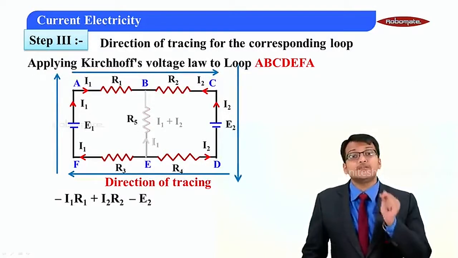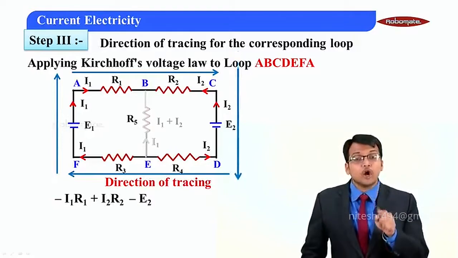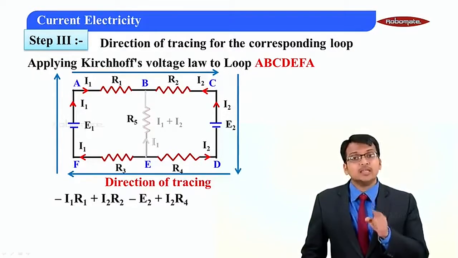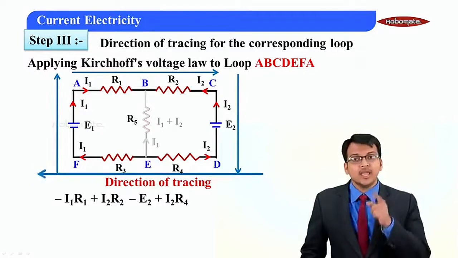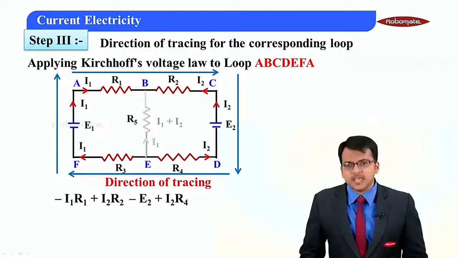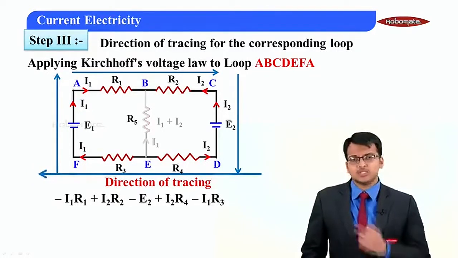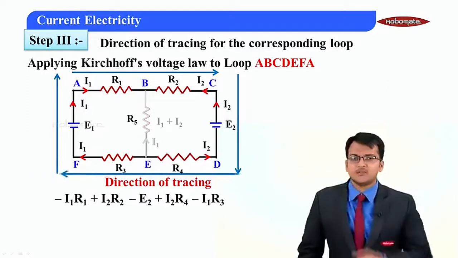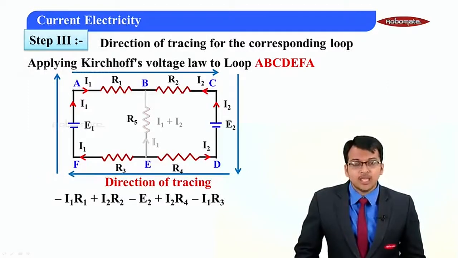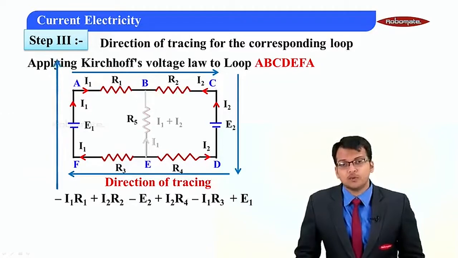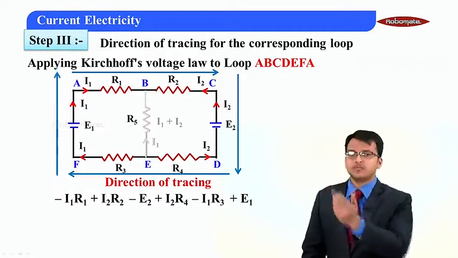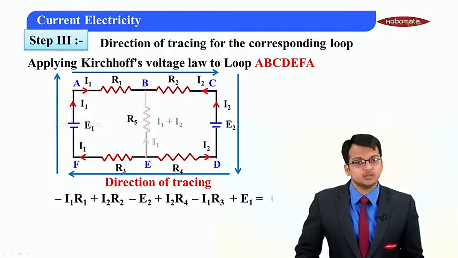From C to D, it will be minus. From D to E, again plus. And for E to F, again minus, because the direction of current and direction of tracing is the same. And from F to A, it is from negative to positive, so it will be plus E1 equal to 0.